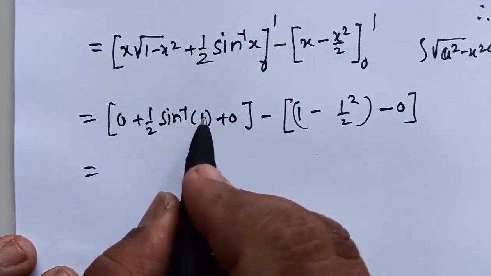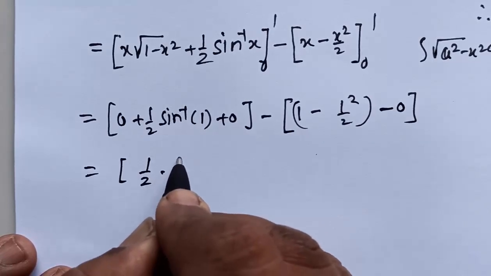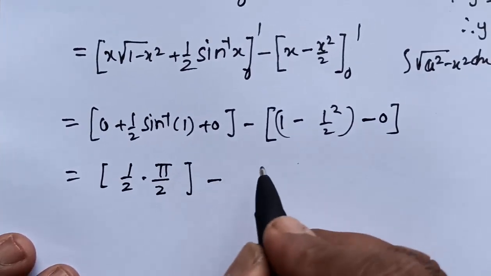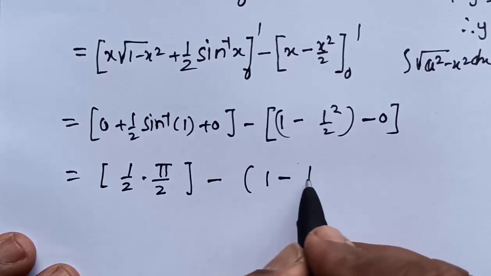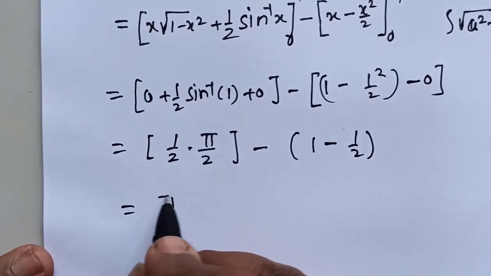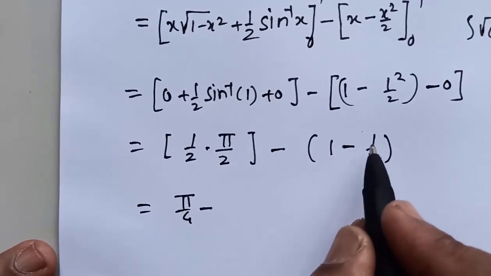Sine inverse of 1 is pi by 2, so this is 1 half into pi by 2 minus 1 minus 1 half, so this is equal to pi by 4 minus 1 half.